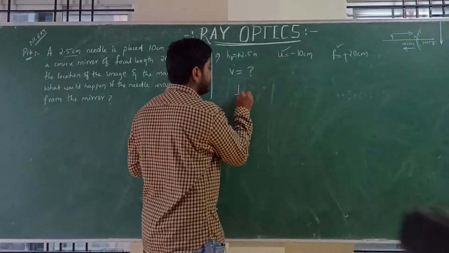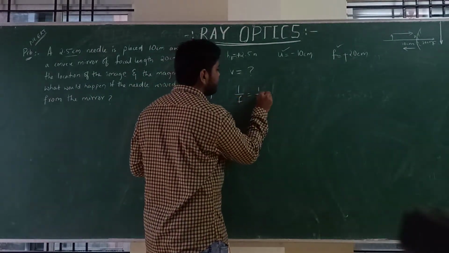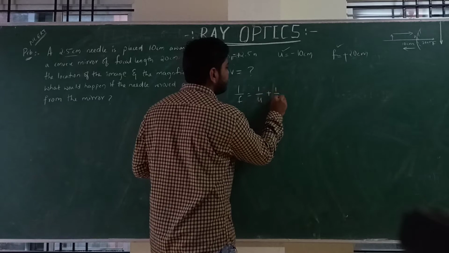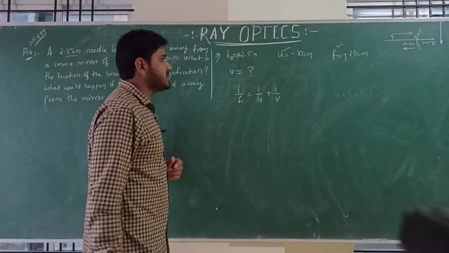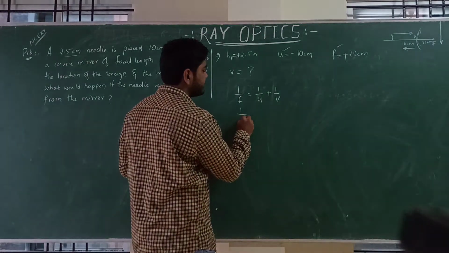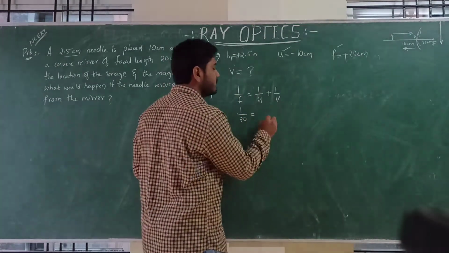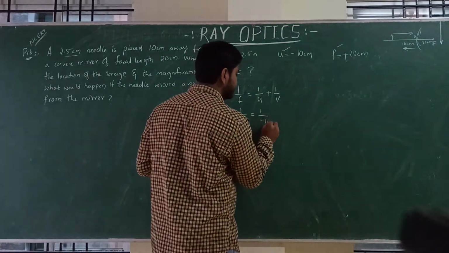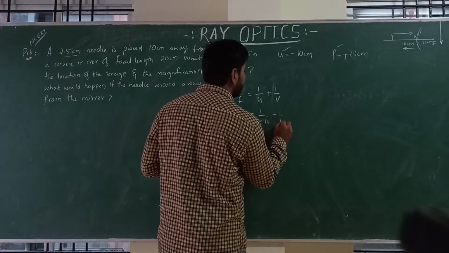We have the formula 1 by f is equal to 1 by u plus 1 by v. Just substitute everything. Focal length: 1 by 20 is equal to 1 by u, 1 by minus 10, plus 1 by v.